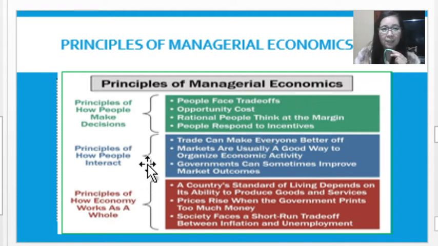The second classification is on the principles of how people interact. Trade can make everyone better off. In this case, trading is normally done because one party wants or needs something that is present in the other party, and the same is true for the other party: what they want and need is also in the first person.